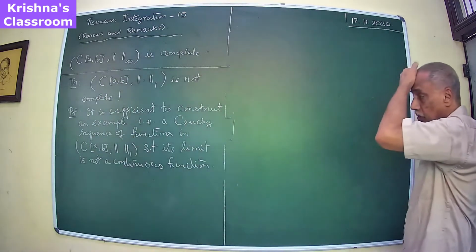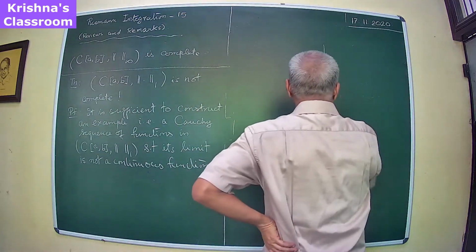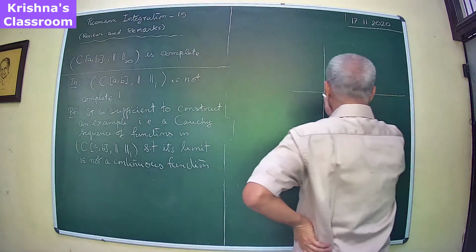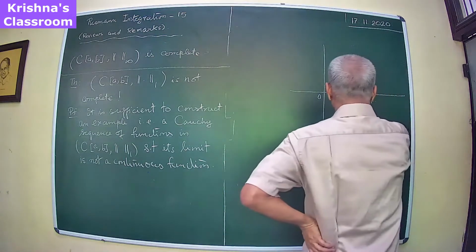I mean, we use a little bit of geometric intuition. What one does is we take the interval, take half here.